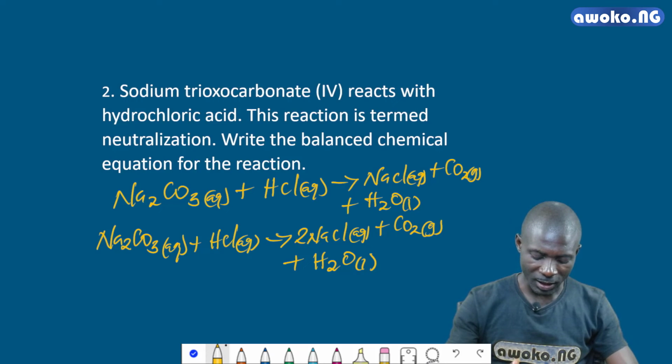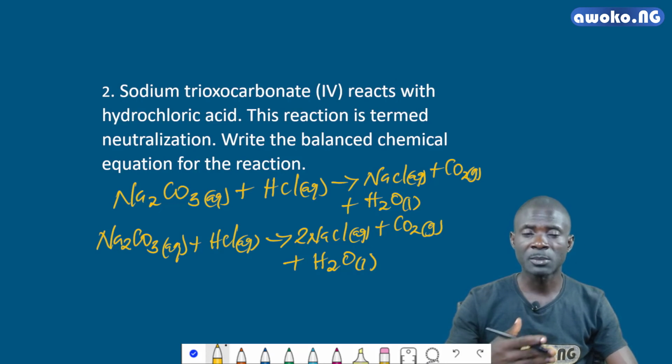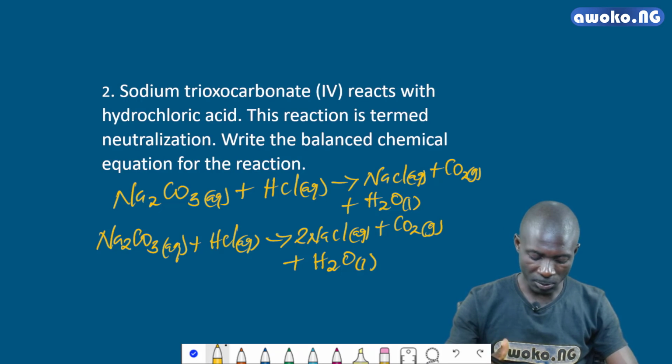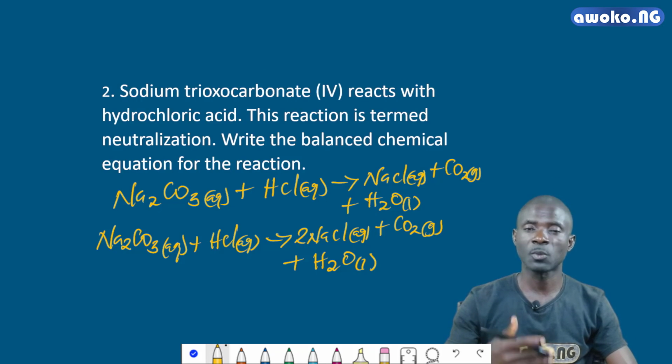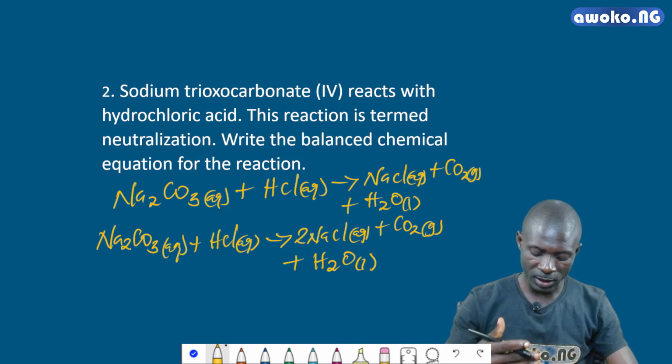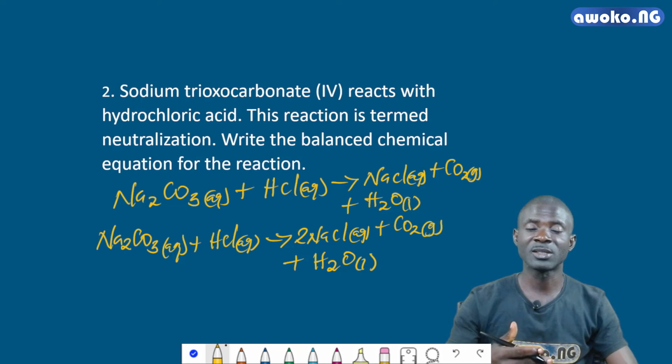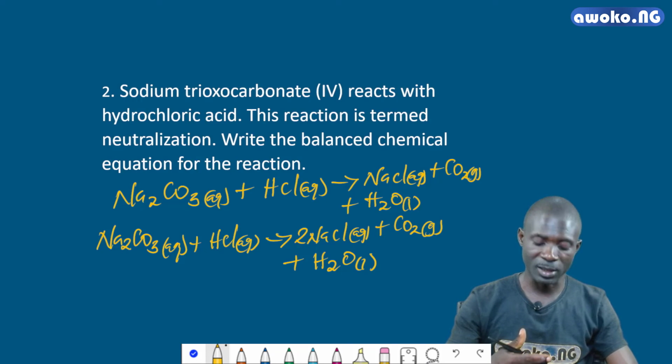By doing that, I have now seen that my number of sodium at my left hand side is 2, my right hand side is also 2. Also, my number of chlorine at my right hand side has increased to 2, while at the left hand side it is 1. So for me to balance the number of chlorine, I will simply introduce 2 moles of HCl to my left hand side.